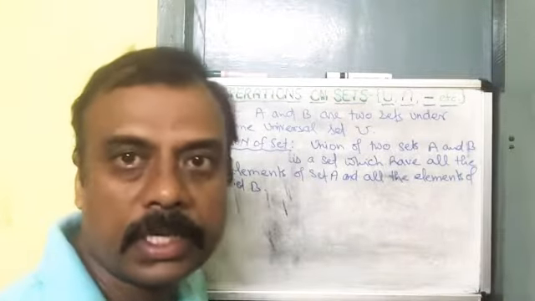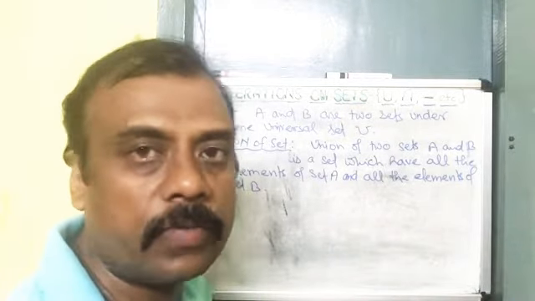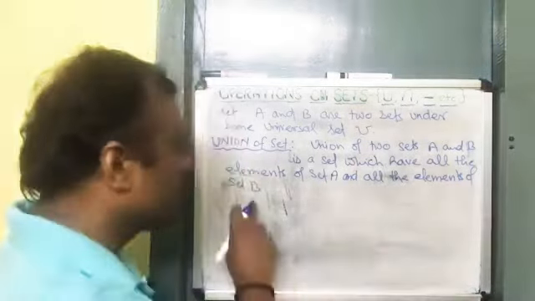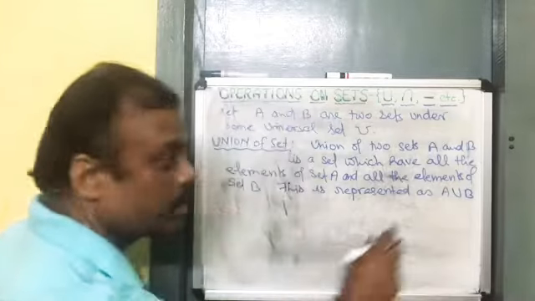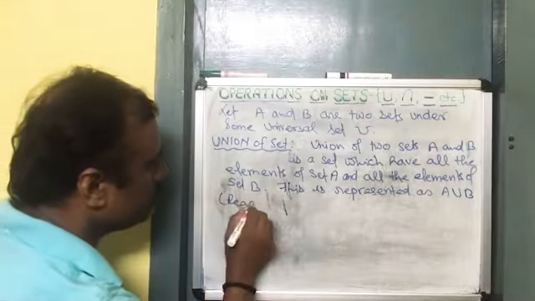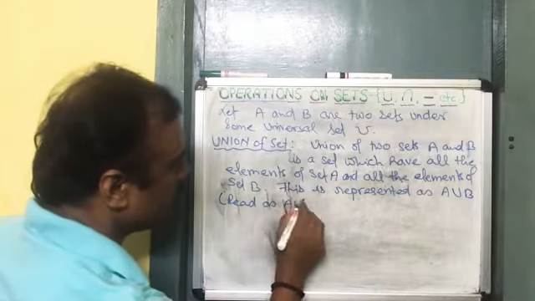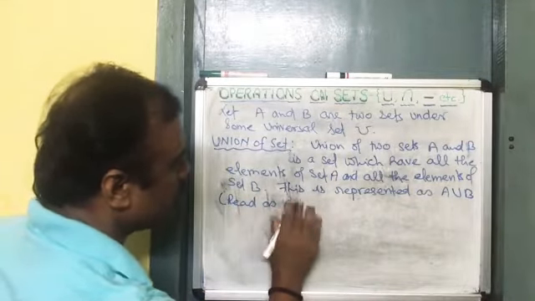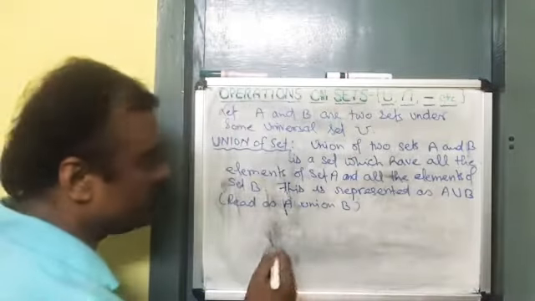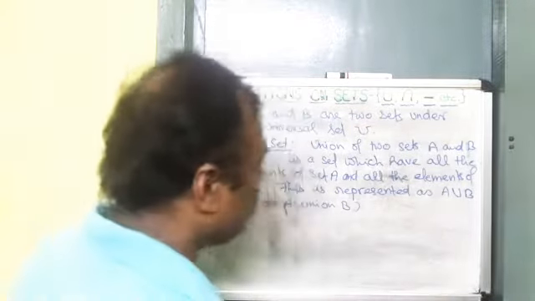But as you know, in writing a set, the repetition of elements is not allowed. This is represented by this symbol, read as A union B. Let us define it in set builder form.